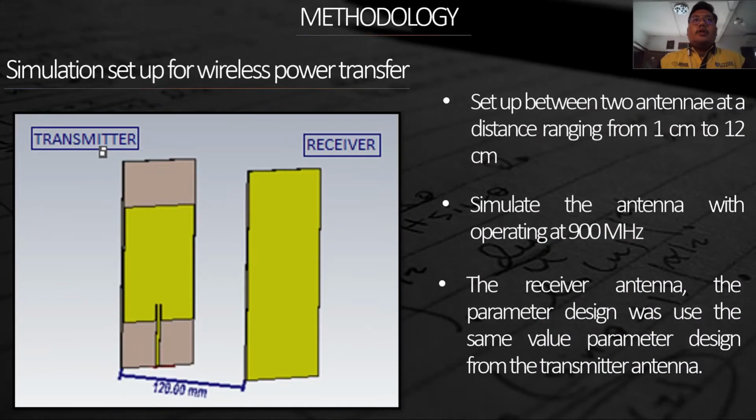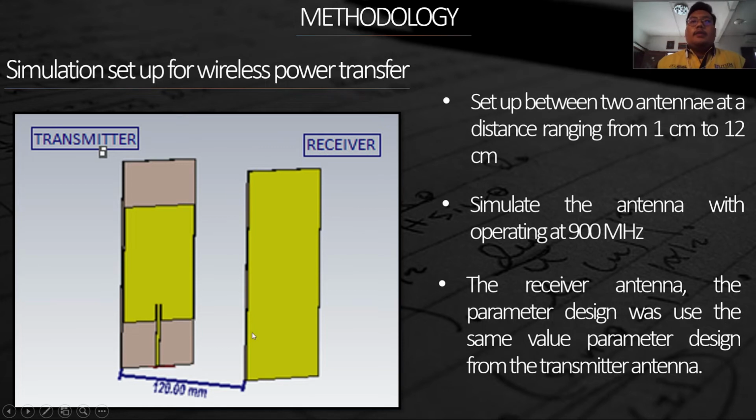Now, how to set up the wireless power transfer. First, we need to set up two antennas at a distance ranging from 1 centimeter to 12 centimeter.